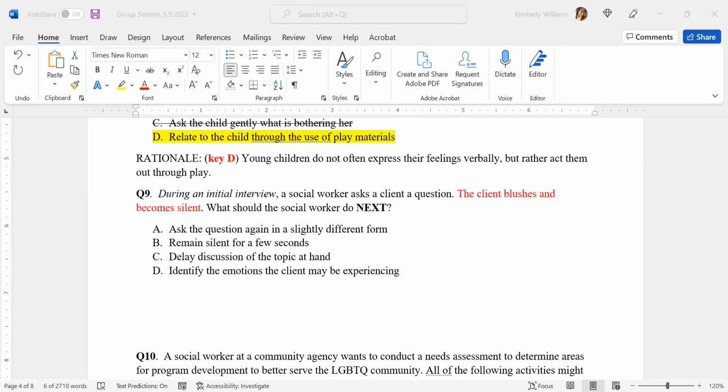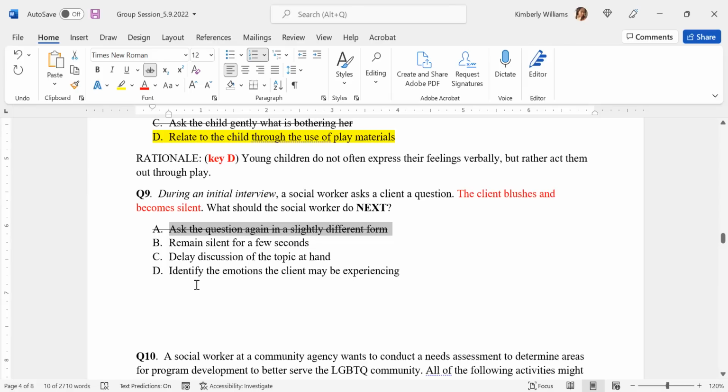Okay, so A asks the question again in a slightly different form. I would say scratch. B remains silent for a few seconds. I would pause. C, delay discussion of the topic at hand.